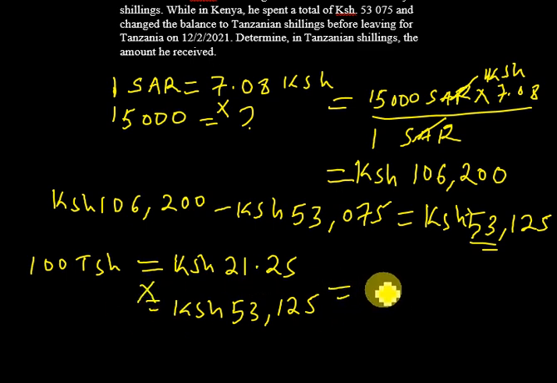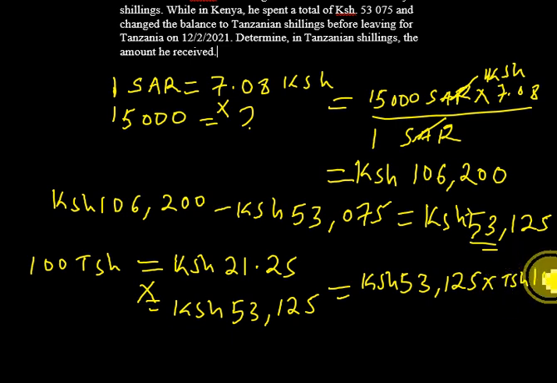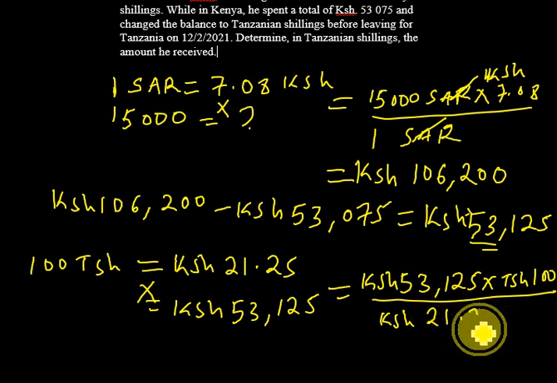So this one is going to give us Kenyan shillings 53,125 multiplied by Tanzanian shillings 100 and divided by Kenyan shillings 21.25.